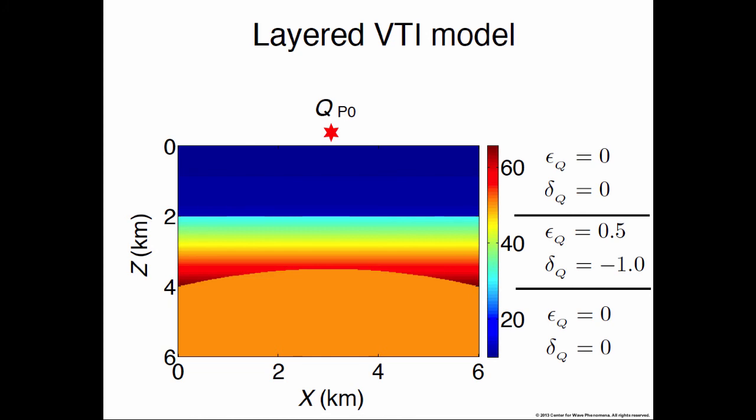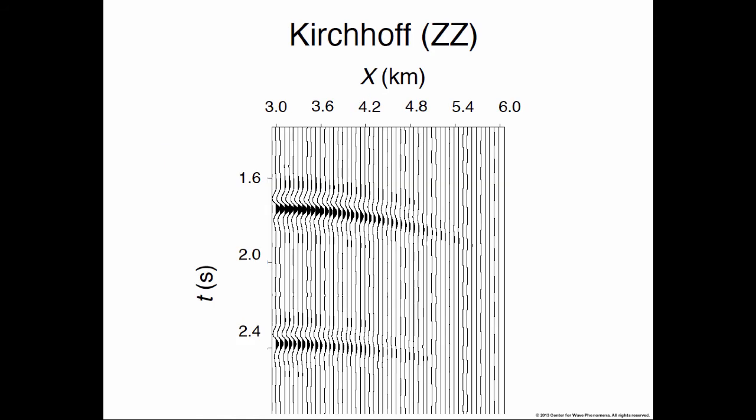For this model, I'm in trouble because I can't use the reflectivity method, because remember that the reflectivity method is valid for layer cake models. So what I'm going to show you is just the Kirchhoff scheme, and we're going to see what happened in this model with the wave propagation.